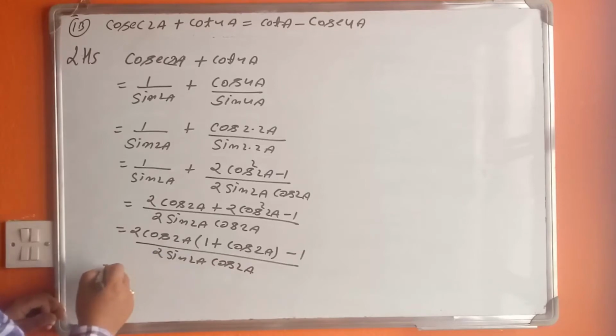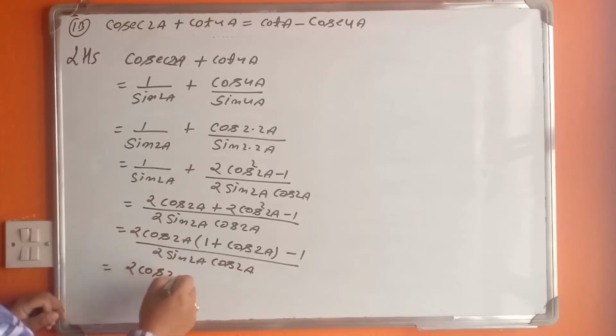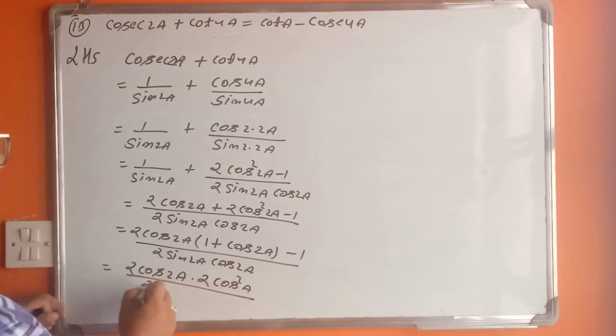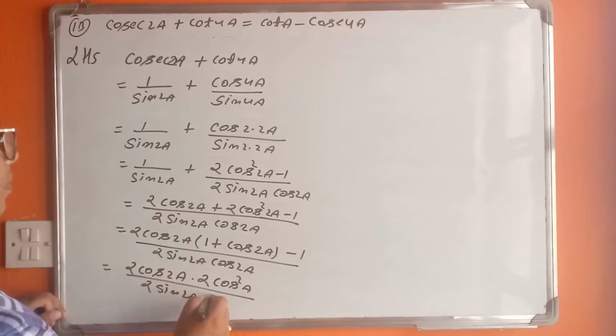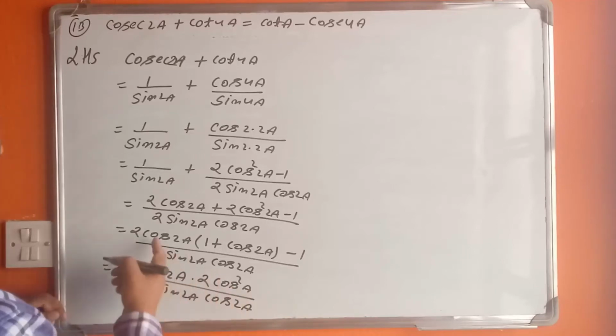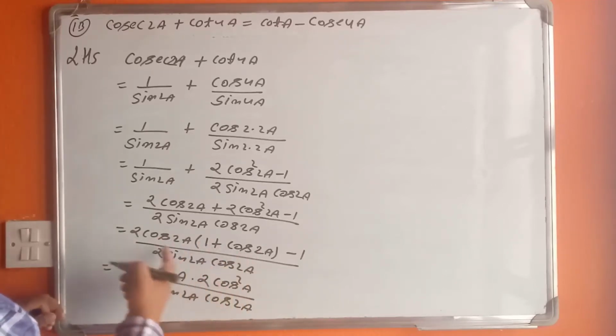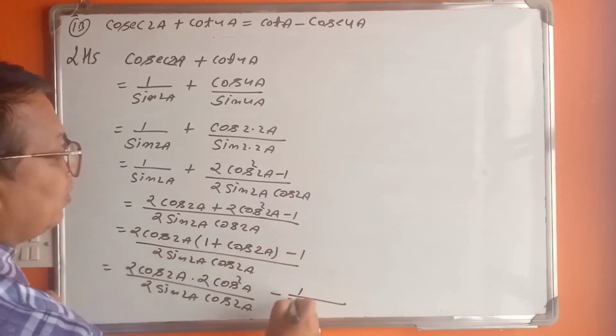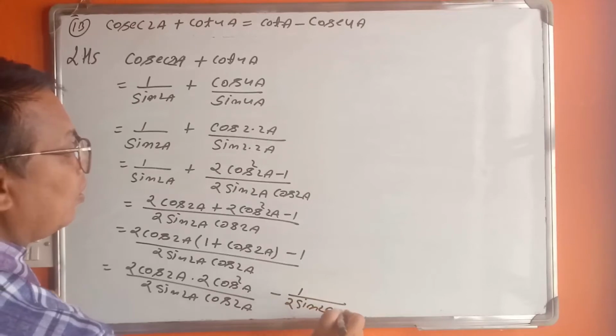Now we can put the formula again. This 1 plus cos 2a means 2 cos square a. We can break down also: this 1 plus cos 2a is 2 cos square a over this, and minus 1 over this, minus 1 by 2 sin 2a cos 2a.